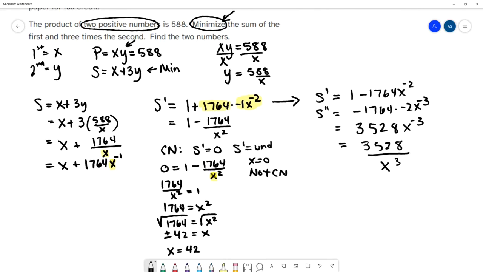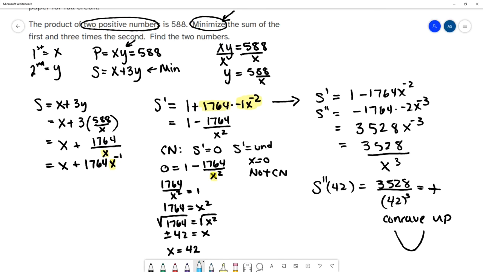And I'm going to test that 42 into the second derivative. And I know that this is a positive value. When the second derivative is positive, that tells me concave up. Concave up combined with it being a critical number means that I have a minimum. So I just found the minimum value of x to be 42.